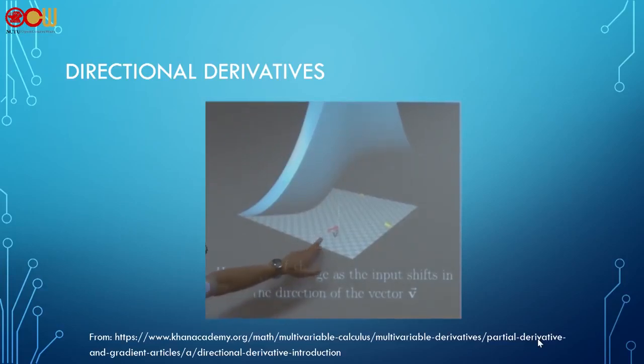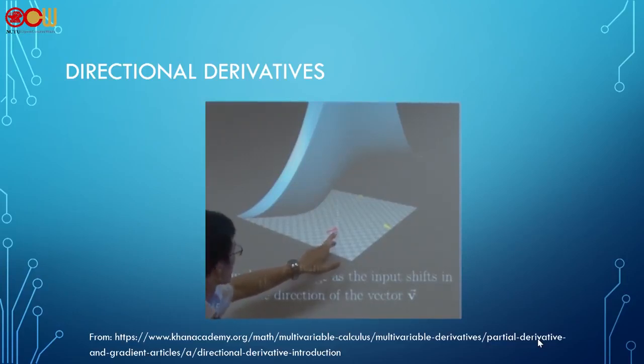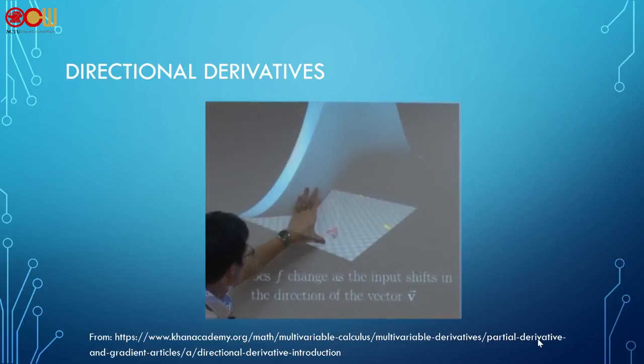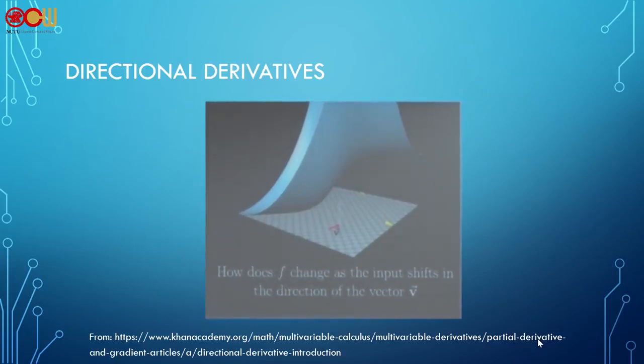We're trying to see, when it moves from here to here along the v direction, which is kind of the dynamics, your x dot, what is the change of the f value? Obviously it's increasing from here. So this is called the directional derivative.